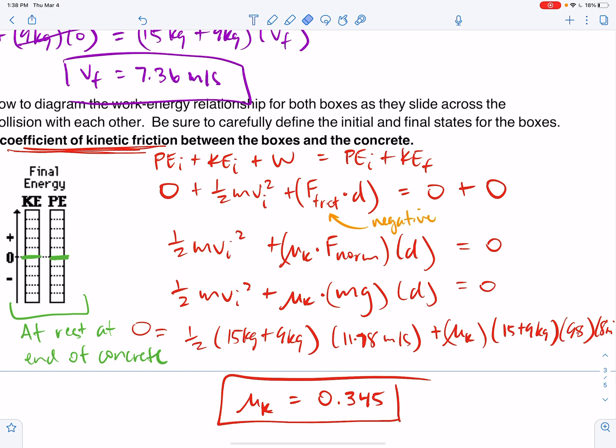Okay, and that makes the work term negative as well. So when I plug in these numbers to get the work, I can use the negative 9.8 here. All right, that's work and energy for a pretty complex system.